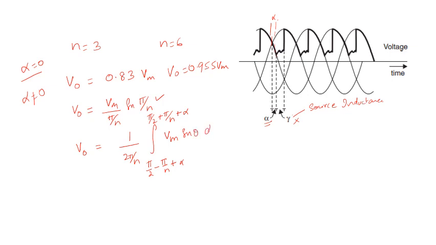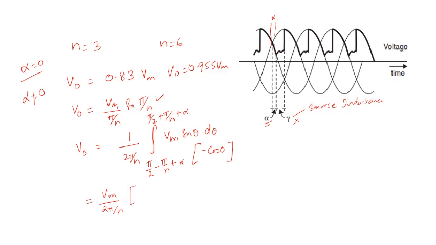theta d theta. So if you integrate, you will get Vm upon 2 pi by n, and this will give you minus cos theta, and you put in the limits. Because of the minus sign I am simplifying my terms.